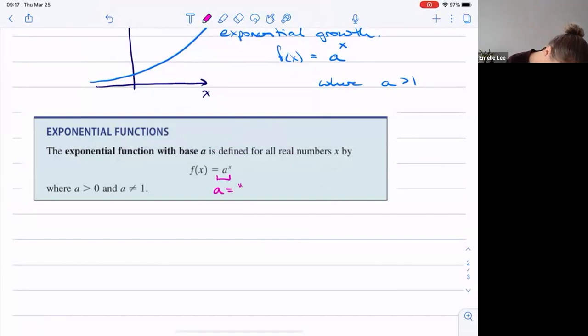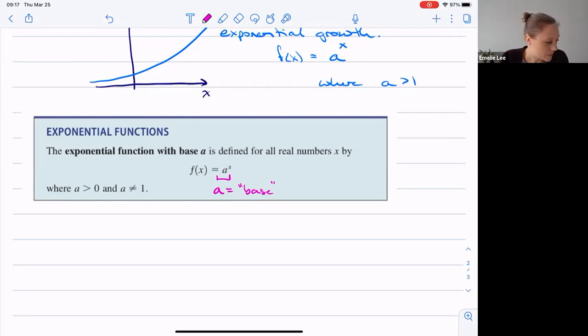A is the base, which makes sense, right? What else would you call it? If you're trying to describe a to the power of x, I think you would just land on base anyways. But what's important is remembering that for when we move into logarithms, which isn't quite yet, but soon.